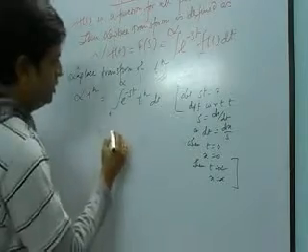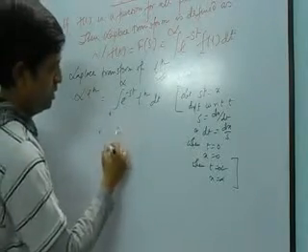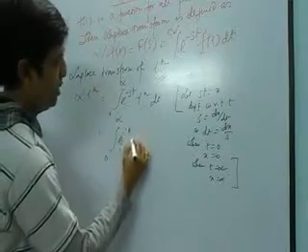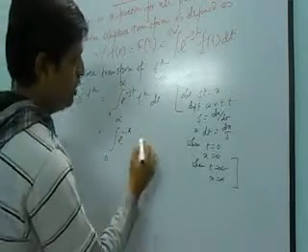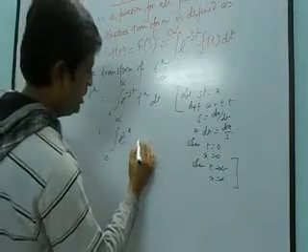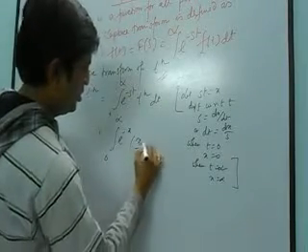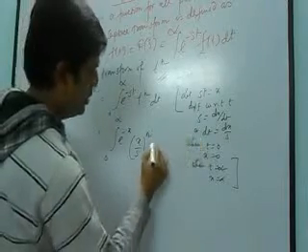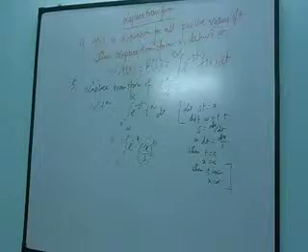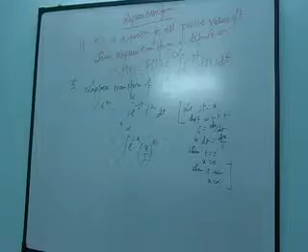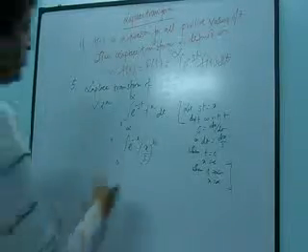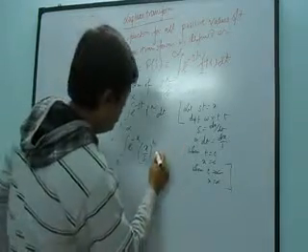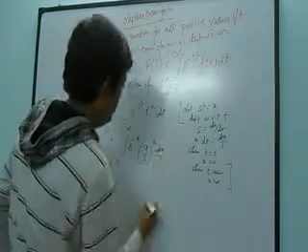Now changing the equation, the integral from 0 to infinity of e to the power minus x, t means x by s, whole to the power n. dt means dx divided by s.